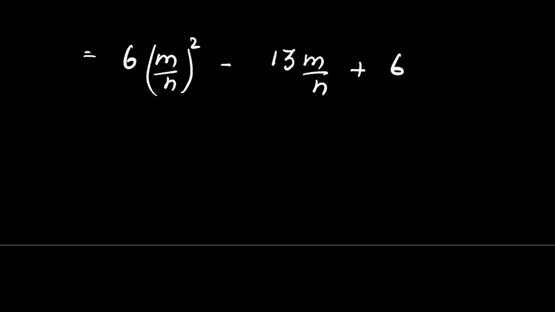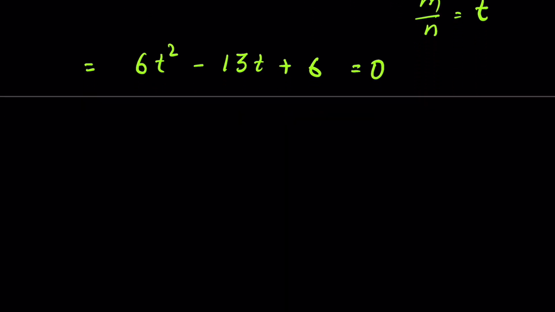Now let's consider m upon n is equal to t. Then we have 6t square minus 13t plus 6 is equal to 0. Now this is a quadratic equation that we can solve.